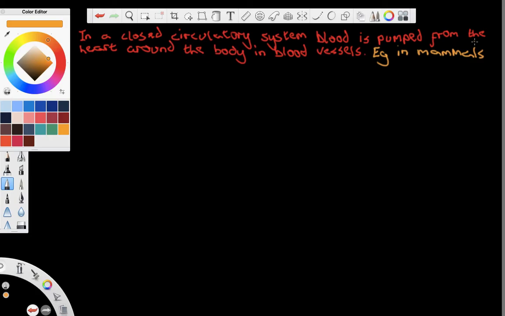Now there are three types of blood vessel in mammals that you need to know about. Okay, there are some others, but there are some main ones. So we can say that there are three main blood vessels in mammals. In fact, I'm trying to get out of the habit of using numbers in my writing.